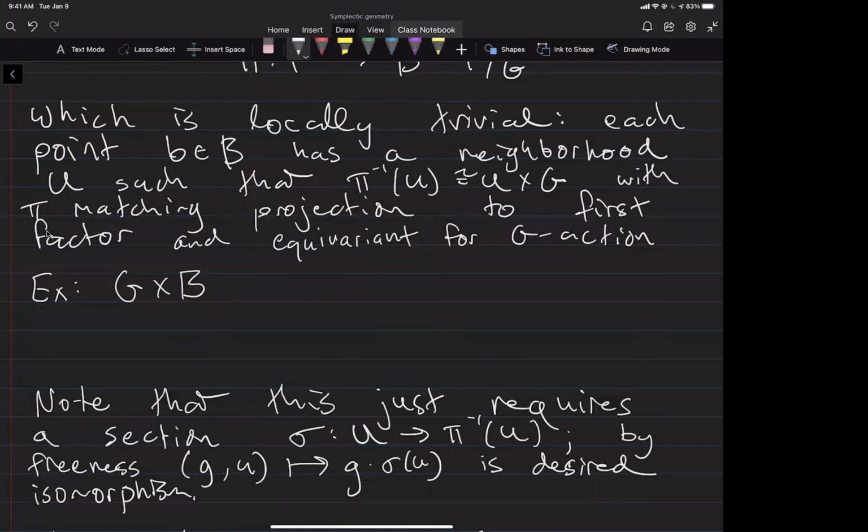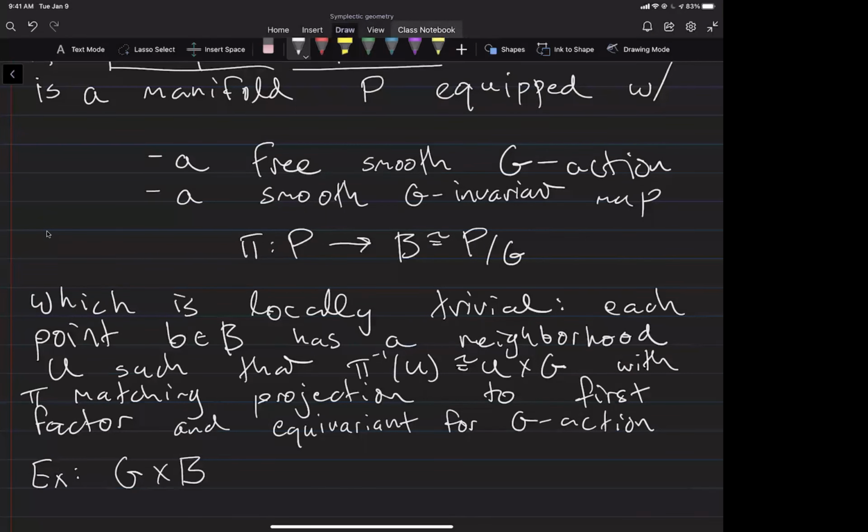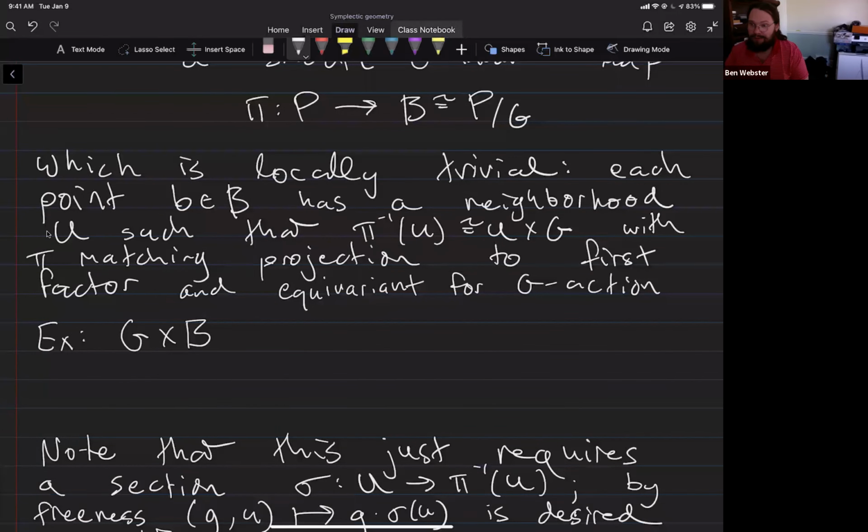Is the action assumed to be transitive on the fibers? Yes, that's implied by the fact that B is the space of orbits. It's also implied by being modeled on this product. Any question about a single fiber, I can answer by looking at the trivial principal bundle, where I take my base space and multiply it by G.